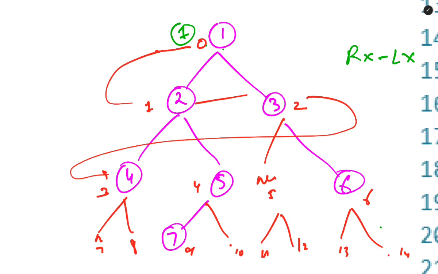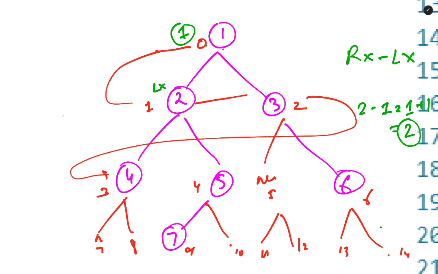The leftmost node here is 1, and the rightmost node in this level is 2. So 2 minus 1 is equal to 1, and adding 1 to it makes it 2. So again, for level 1, I am getting the answer 2, which is correct. So let us check level 2. The leftmost node here is 3.